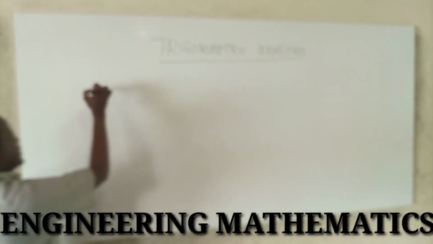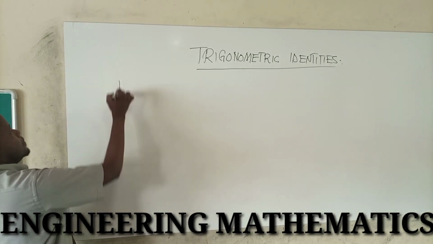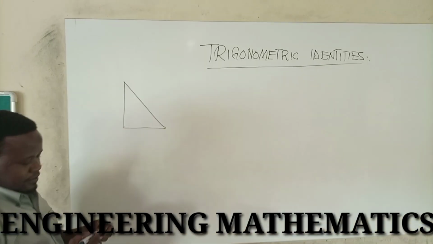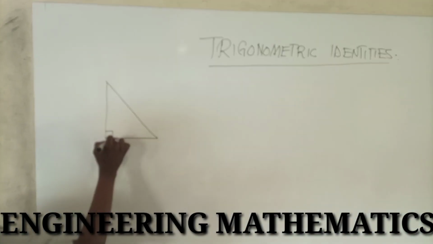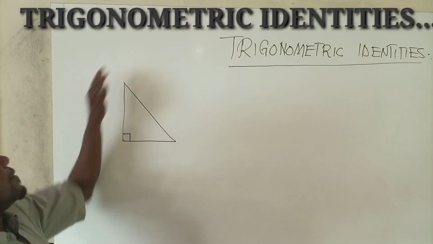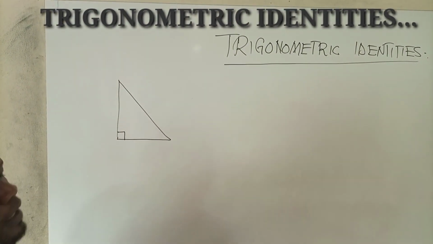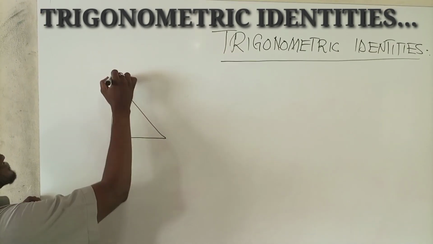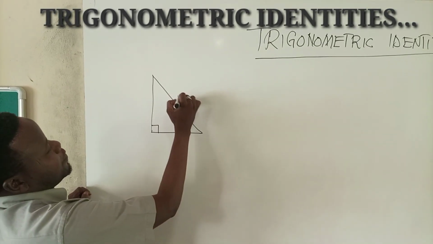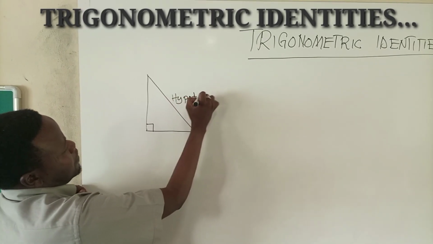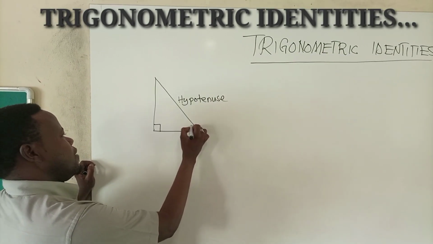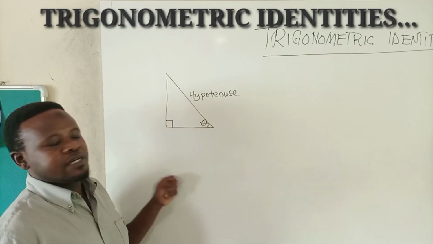Now, just consider, let us take this right angle triangle, and we have three sides, a three-sided figure. And this side, the longest side, which we call hypotenuse, and this is an angle. Let's call it angle theta.